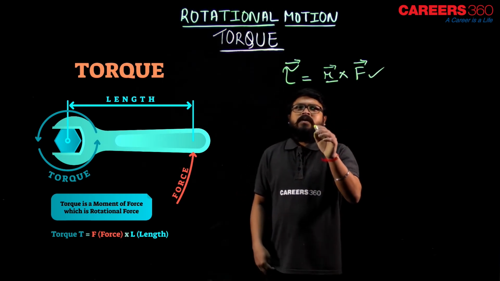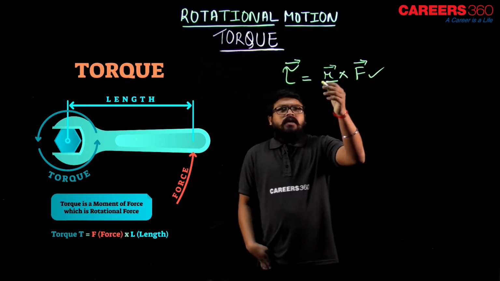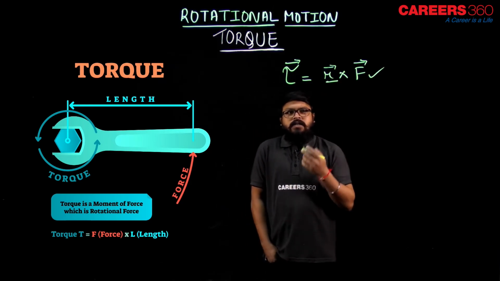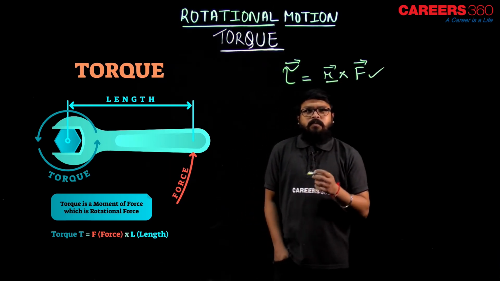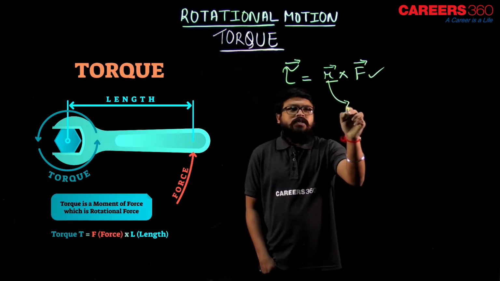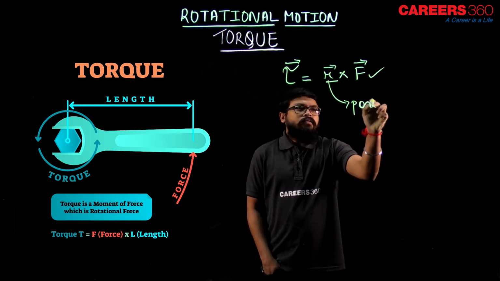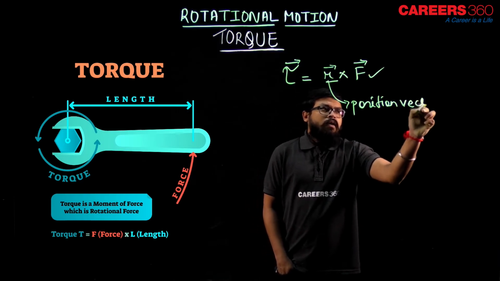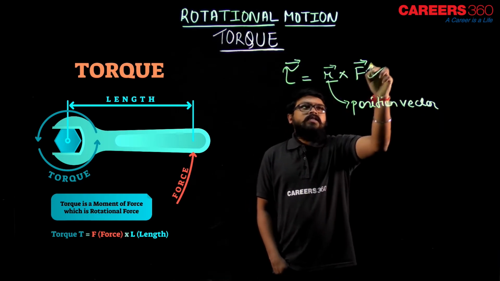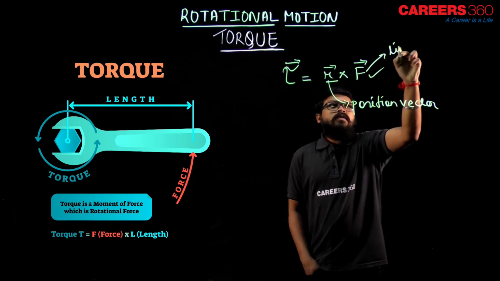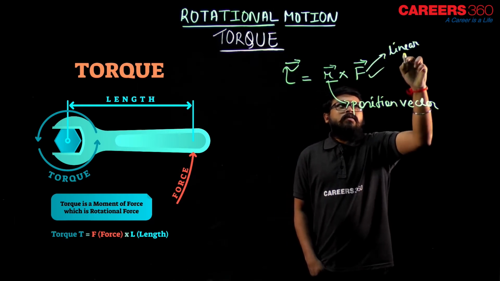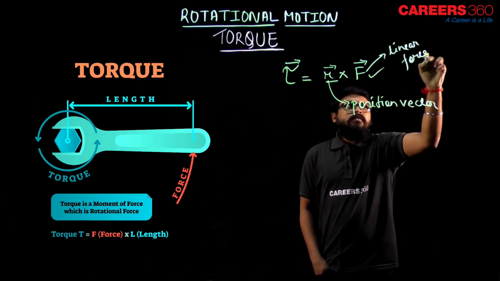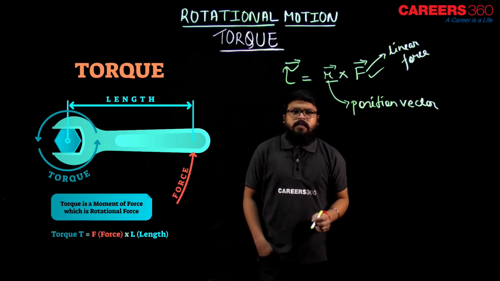So over here, as you can see, R is a vector quantity, which is nothing but the position vector. F is nothing but the linear force.